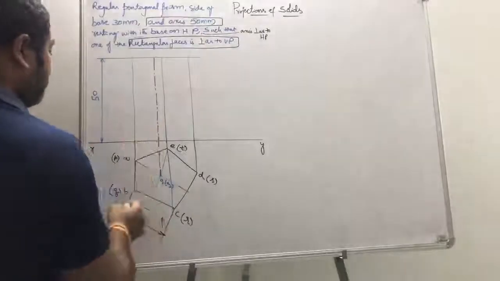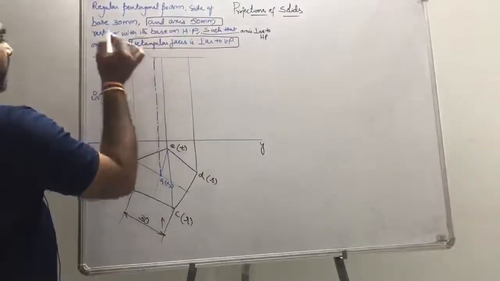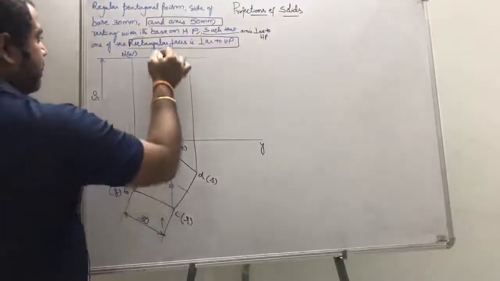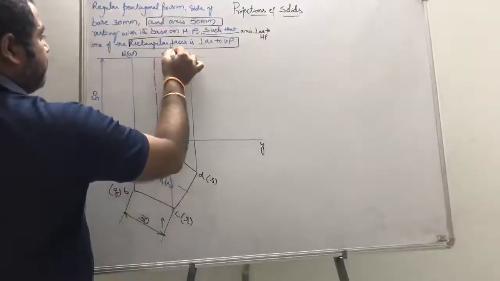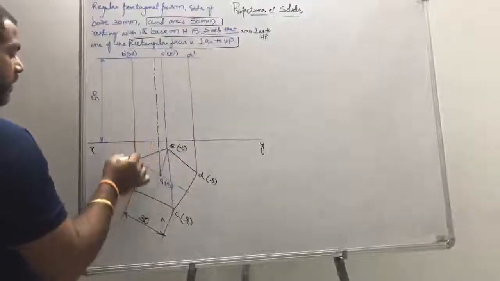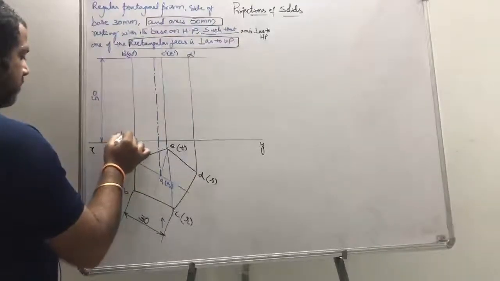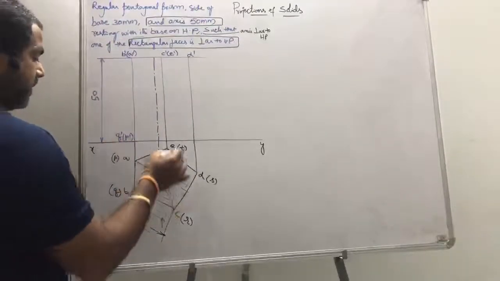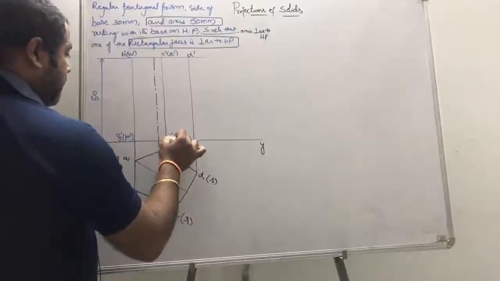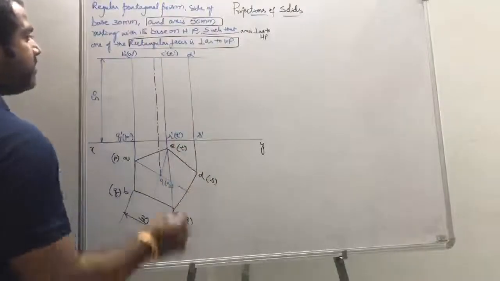What are the visible points you are going to have in this? a dash, b dash, c dash, and so on. While coming to here it is p dash, q dash, r dash, s dash.